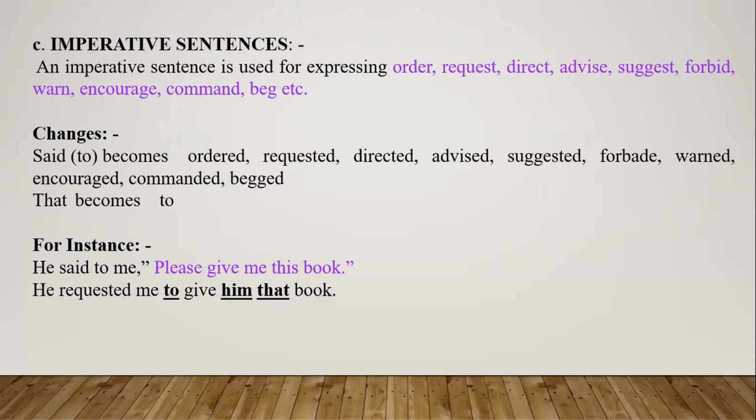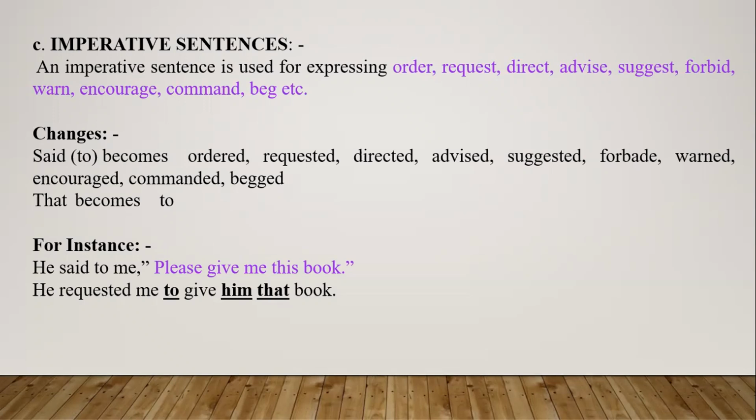So you can see the example as well. He said to me, please give me this book. Okay, so first of all, you have to judge the reported speech, what the reported speech says to you. I mean, what is actually in that sentence? Is it an order, a request, a direction? For example, it is directing you, it is advising you, whatsoever.